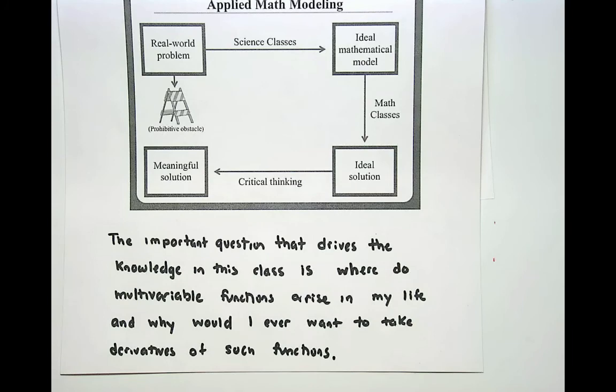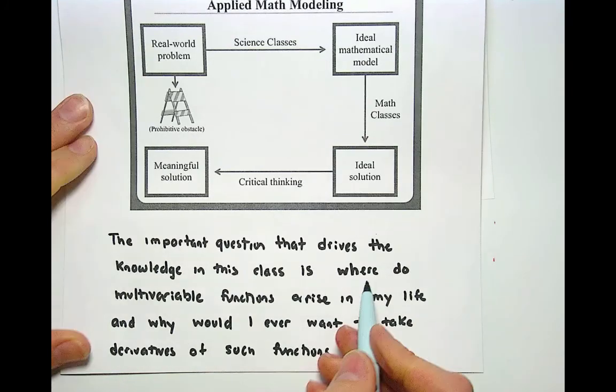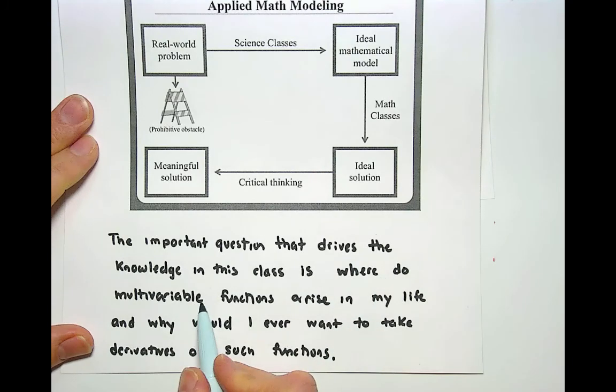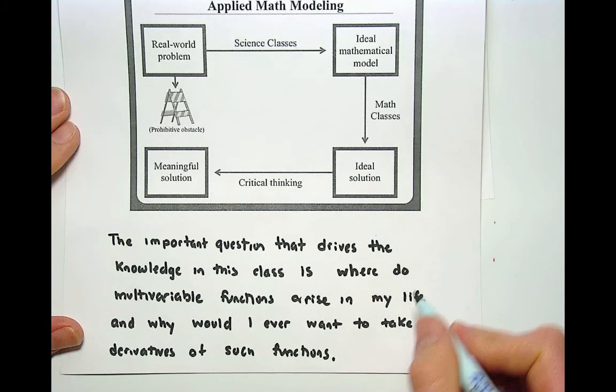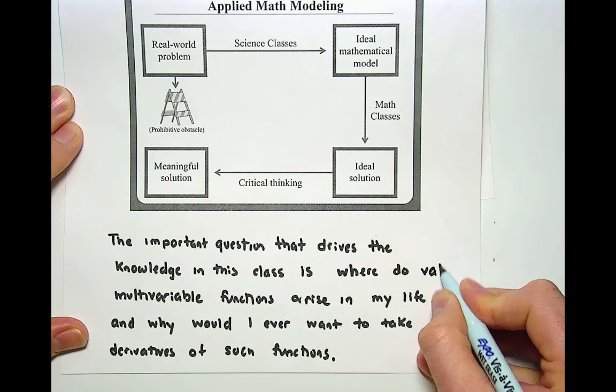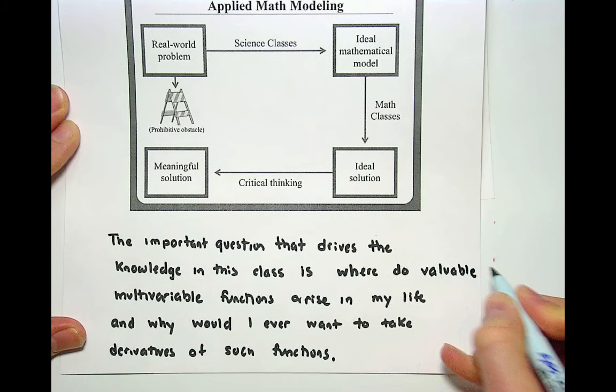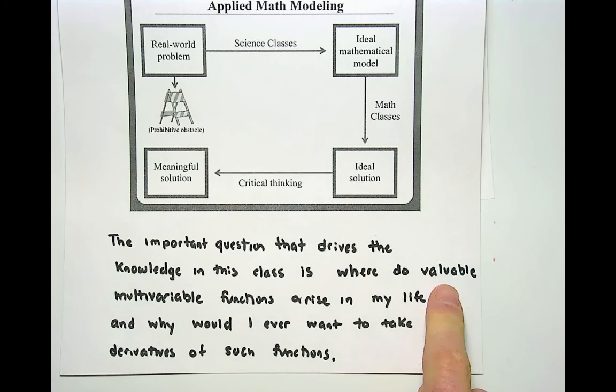And I'm going to put one additional constraint on this. Not only should we know where multivariable functions arise, but I think we should also know where do valuable multivariable functions arise? Where do things that you would actually want to spend hours and hours of your life thinking about come up in your life?